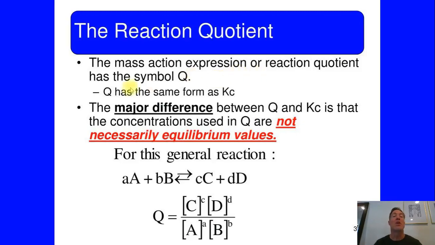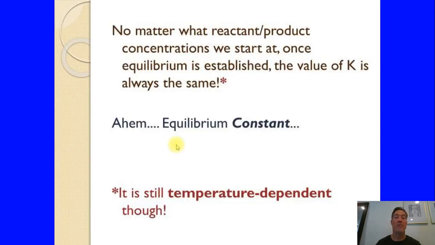So remember, Q has the exact same form as K. The only difference is that the Q value is not necessarily an equilibrium value, whereas K is the equilibrium value. No matter at what concentrations we start, whether it's all products, all reactants, or some of both, once equilibrium is established, the value of K is always the same.